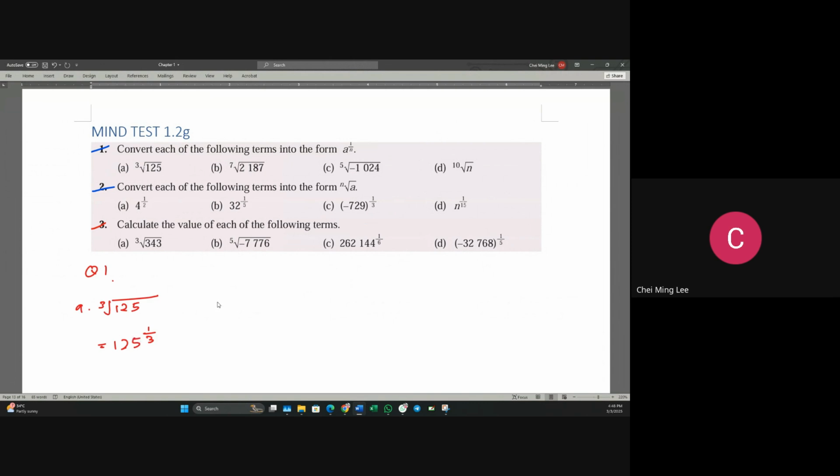Now for the second one, B, 2187, this one can be changed into 2187 to the power of 1 over 7. C, negative 1024, you can change it into negative 1024 to the power of 1 over 5. And D, this one is n to the power of 1 over 10. Okay, so this one is pretty easy.